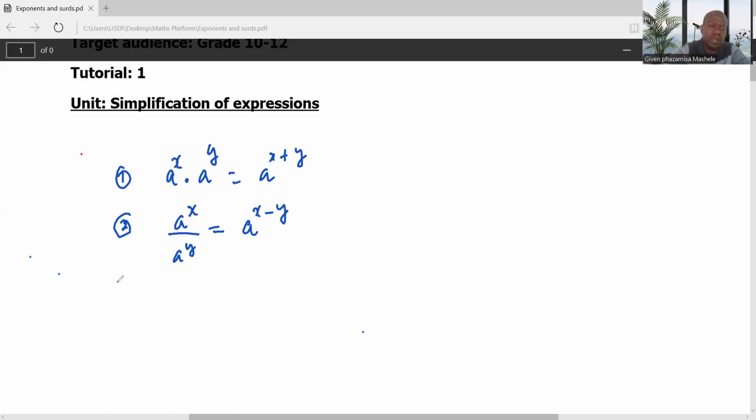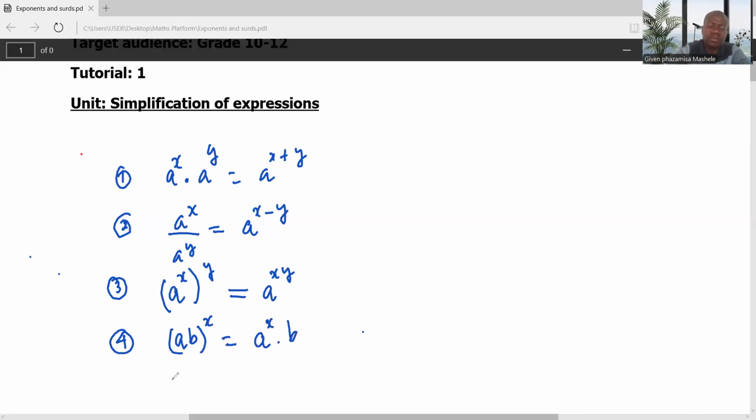Law number 3 says when you have a to the power of x, everything to the power of y, as long as you have multiple powers with one base, you can just multiply those powers. Number 4 says when you have a multiplied by b, everything to the power of x, this is the same as a to the power of x multiplied by b to the power of x.